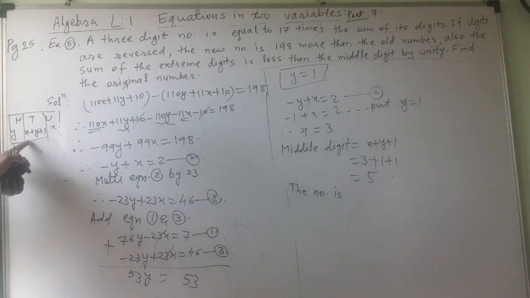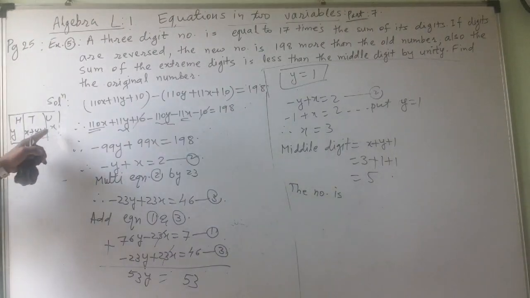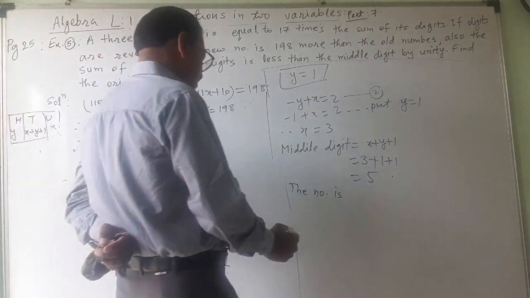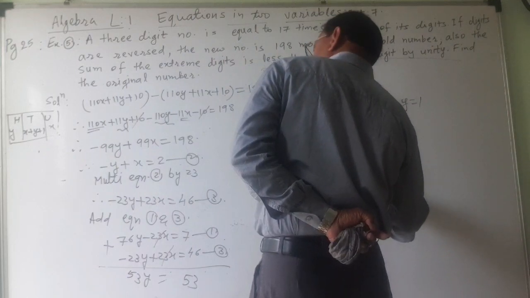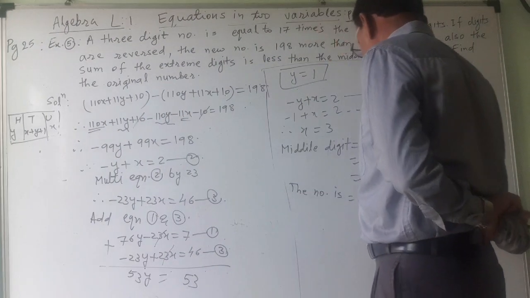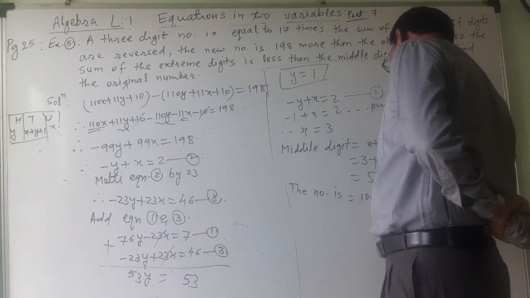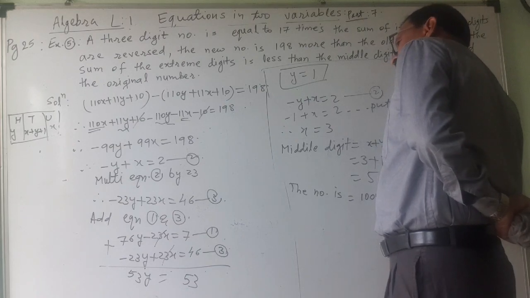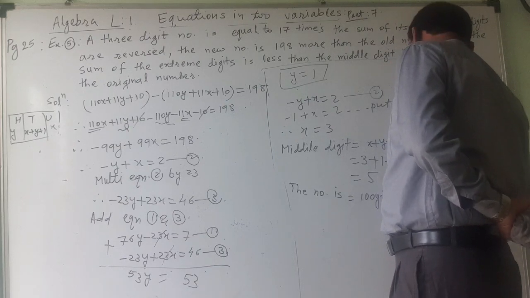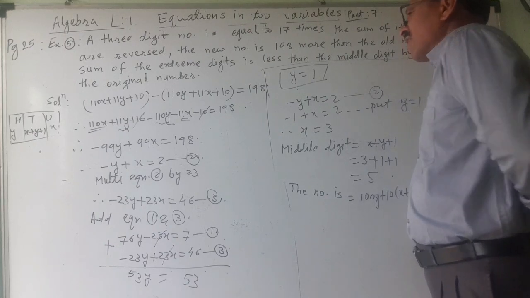Either you write it as usual: 100y, that is the hundreds place digit, plus 10 into x plus y plus 1, that is the tens place digit, and plus unit digit is x.